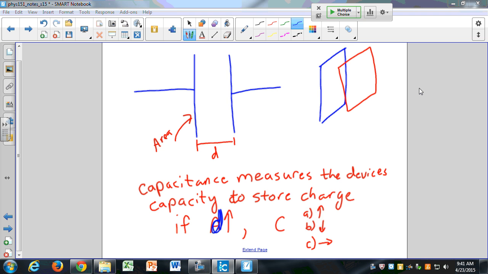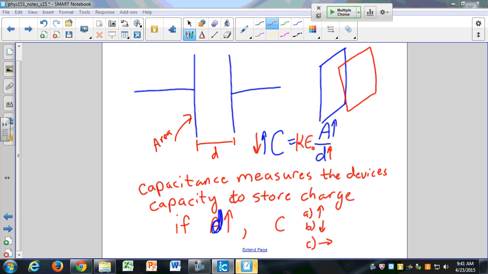This is all wrapped up in the equation for capacitance. You'll have it on your equation sheet, of course, but it looks like this. C is equal to area divided by distance. So think about this. If area goes up, C goes up. If D goes up, C goes down. There's also some constants here. Don't worry too much about these constants. This is called the permittivity of free space.